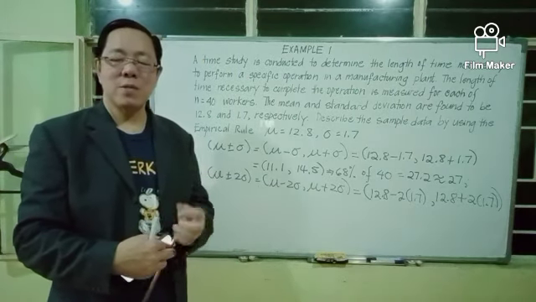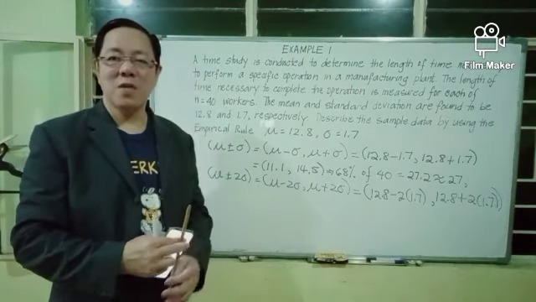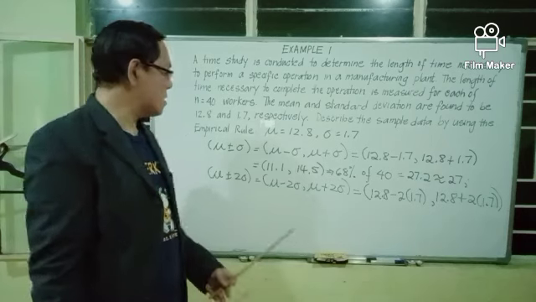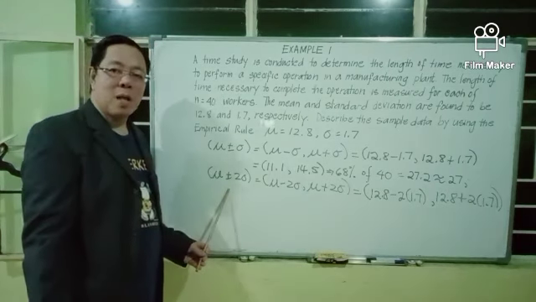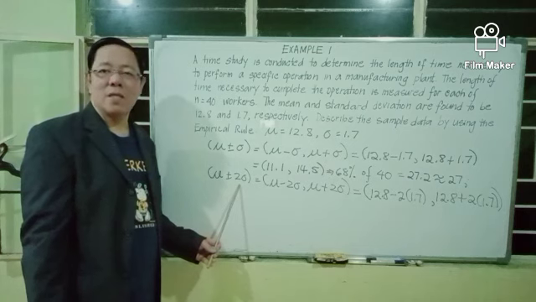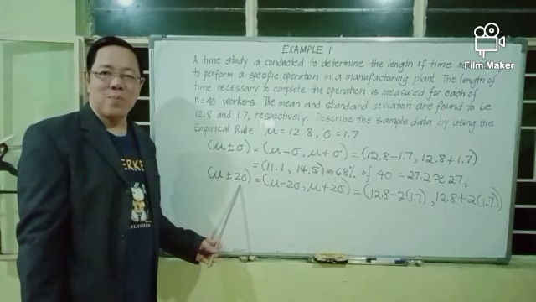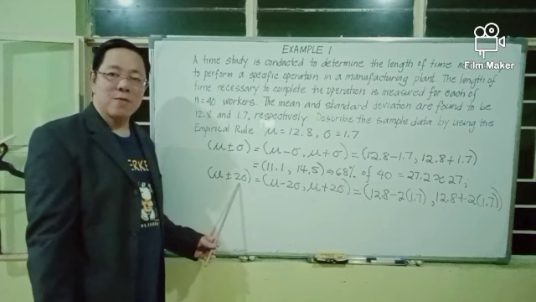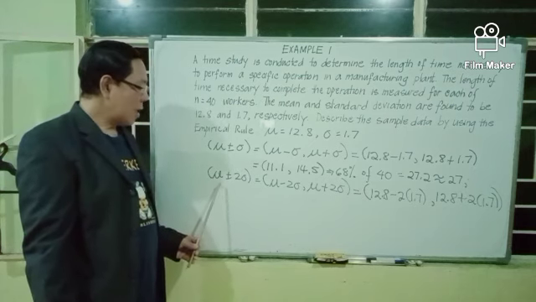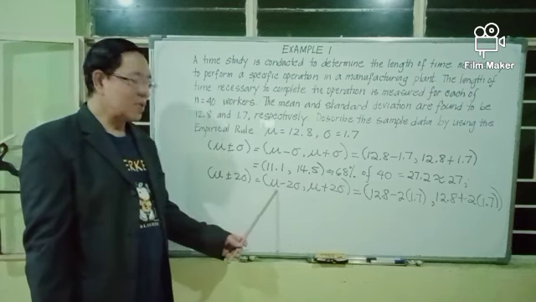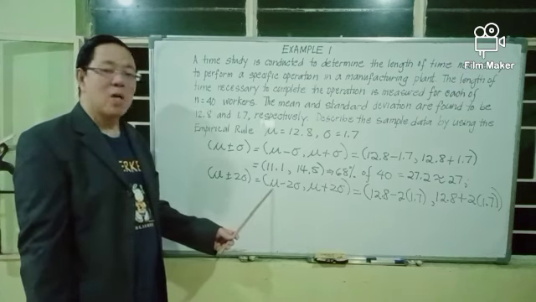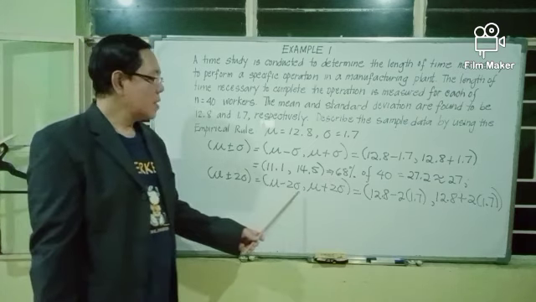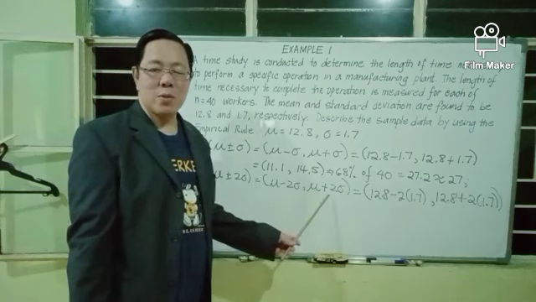According to the empirical rule, 95% of the observations or distribution of measurements lie in the interval mu plus or minus 2 sigma. That is, 95% of the observations or measurements lie within 2 standard deviations from the mean. This interval is equivalent to the open interval with left endpoint mu minus 2 sigma and right endpoint mu plus 2 sigma.